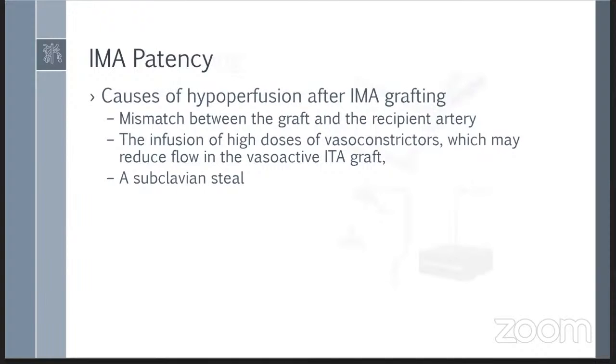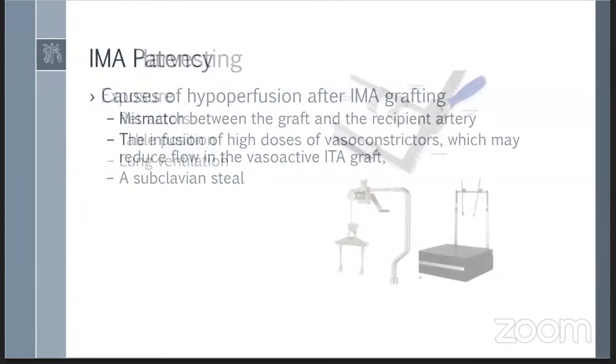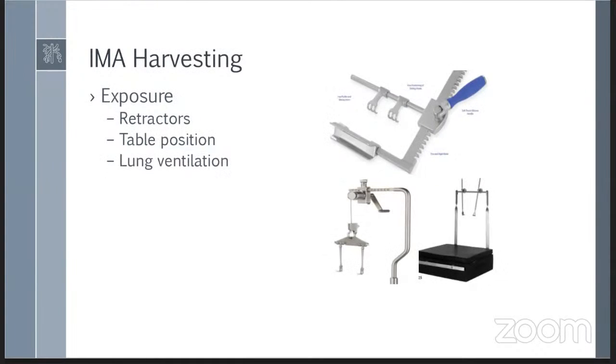For internal mammary artery harvesting, the first thing you need to do after the sternotomy is exposure. There are multiple retractors that can be used. You have the sternal retractor, which you see here in the first picture with the blue handle.